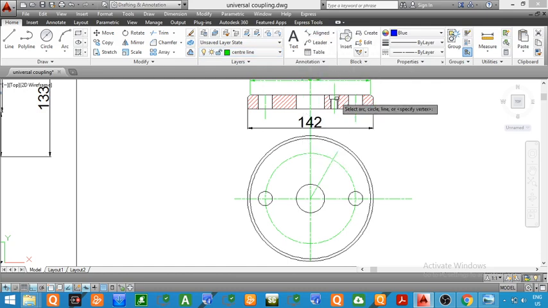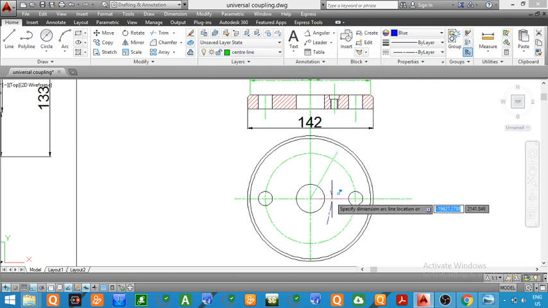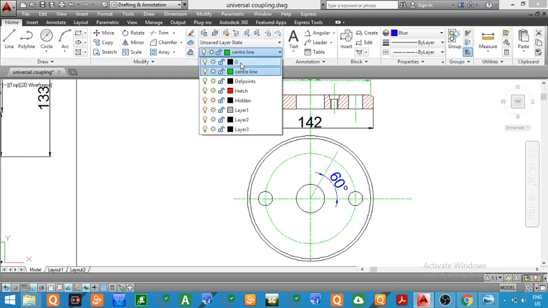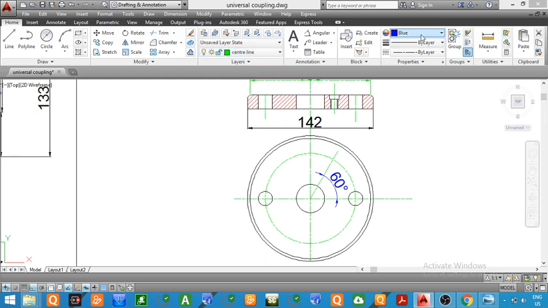I will give the angular dimension so that you can understand. You can see the angular distance between this center line, that is the center of the first hole, and the second center line is equal to 60 degrees. Similarly, we have to draw the next center line at an angle of 120 degrees. Now you can see I will draw the next center line, or we can take the angle of 60 degrees from this horizontal line. From this horizontal line we will take an angle of 60 degrees on the left hand side.